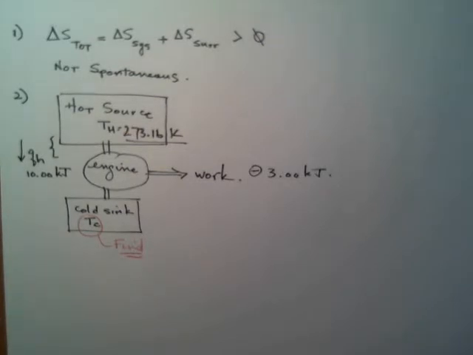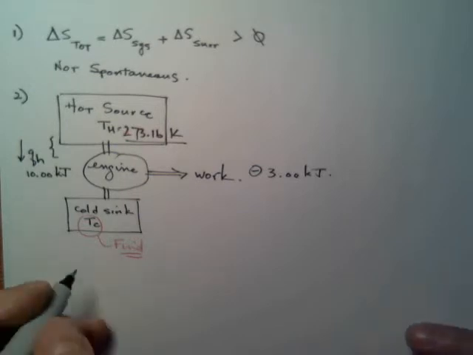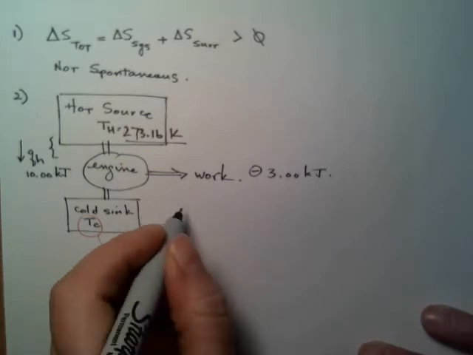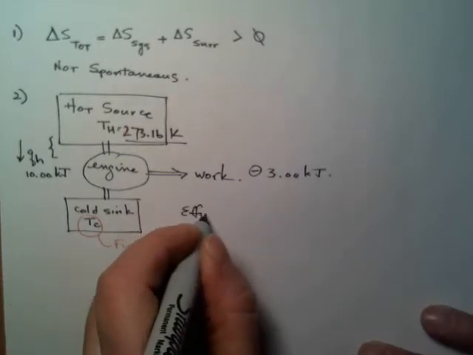So with that information given, how do I find out what that cold temperature is? I have one temperature, I have the work, and I have the Q hot. So let's bring in efficiency as a formula.